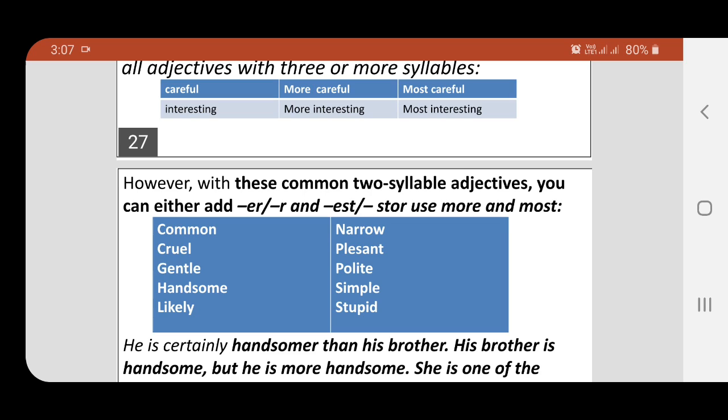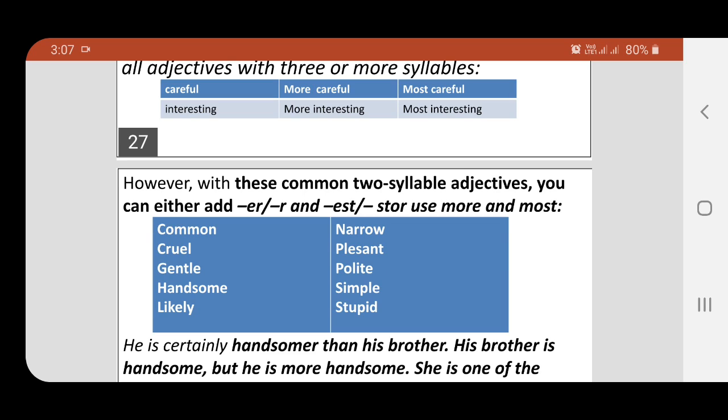Apart from these, with common two-syllable adjectives, you can also add er and est. You can use more and most, for example with common.